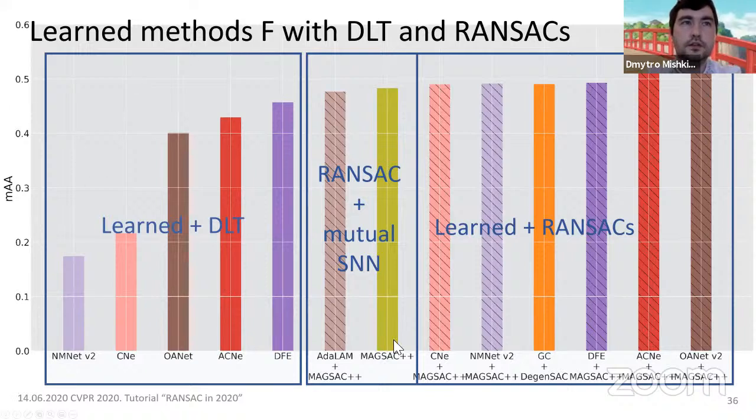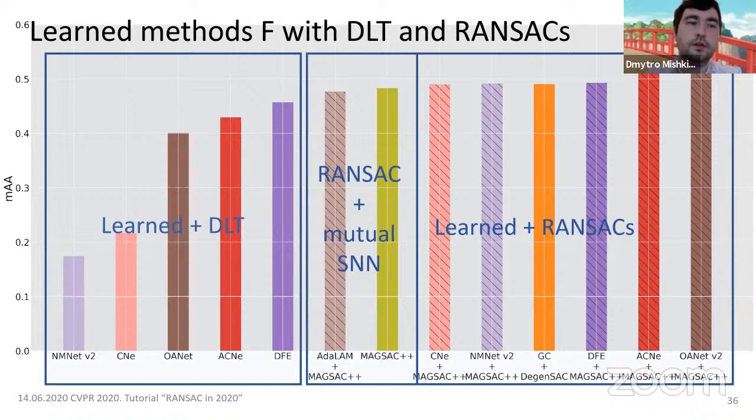And here is a benchmark which we did specifically for the RANSAC tutorial. We asked the authors of these methods to train exactly on the correspondences which we sent them. So all the methods were trained on exactly the same correspondences, exactly the same data. So one cannot say that one is better just because it has better data or more data. This is a fair comparison.